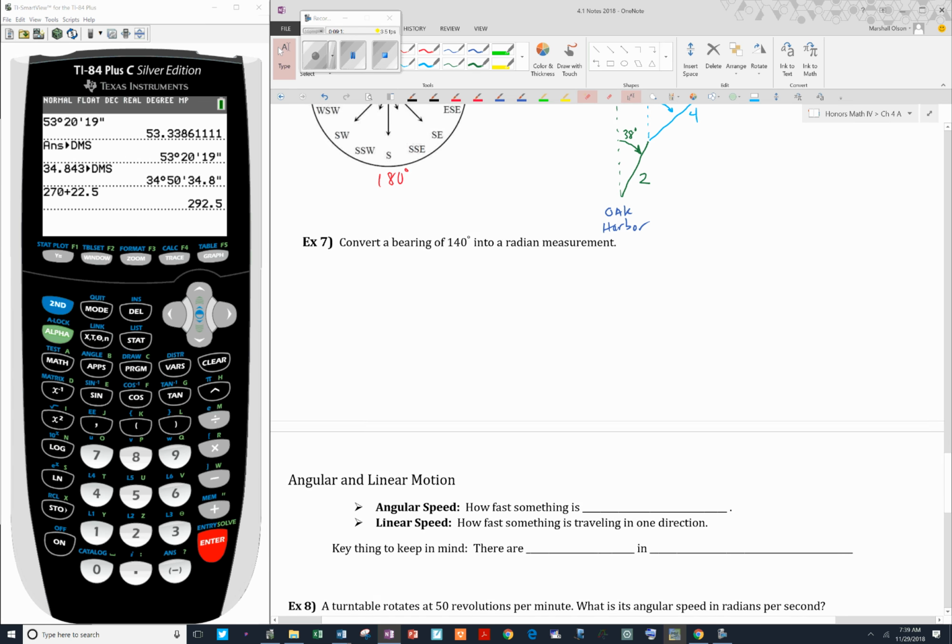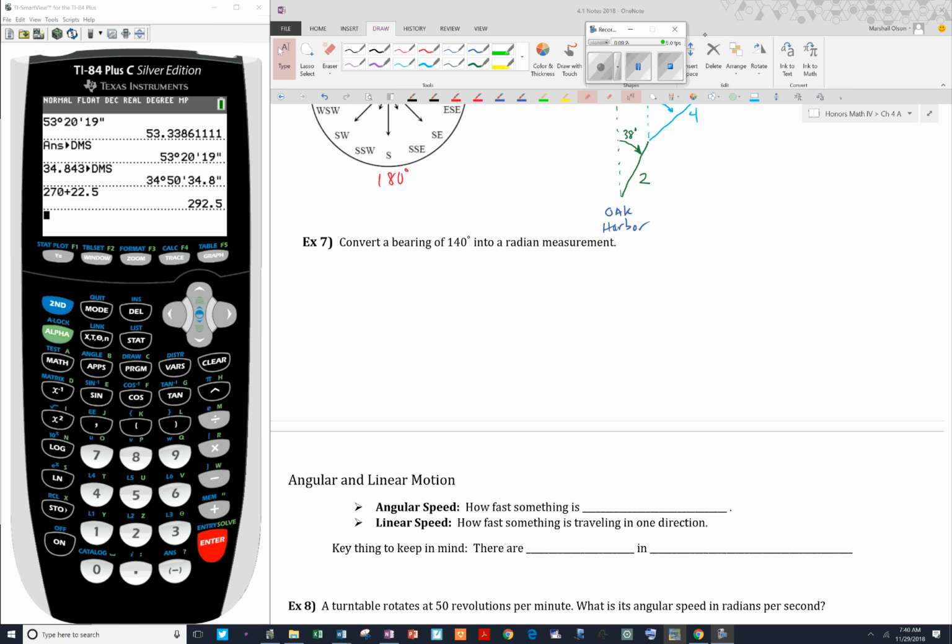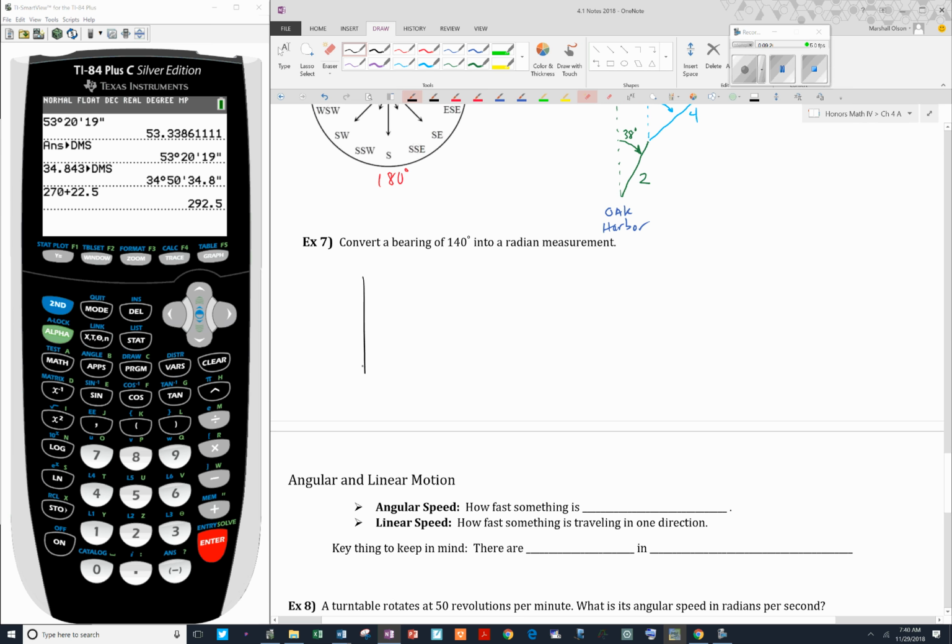All right, so let's convert a bearing of 140 degrees into a radian measurement. So let's find out what 140 degrees is as a standard angle. I'm just going to draw a bearing of 140 degrees. This would be 90.